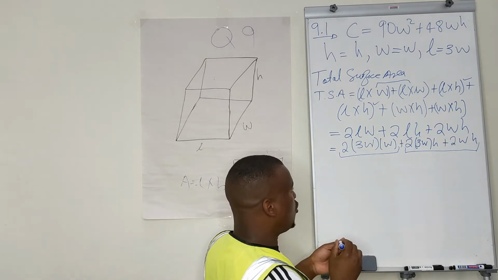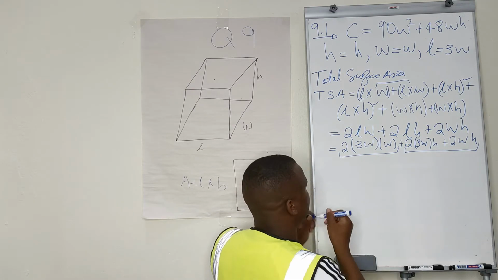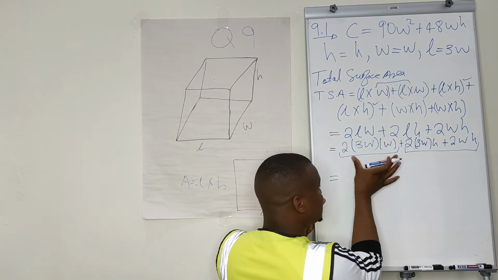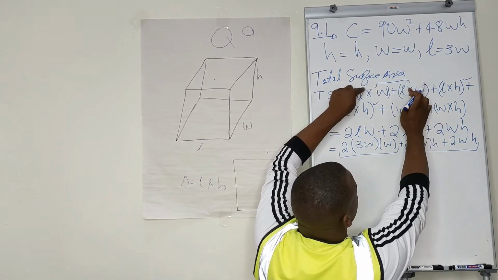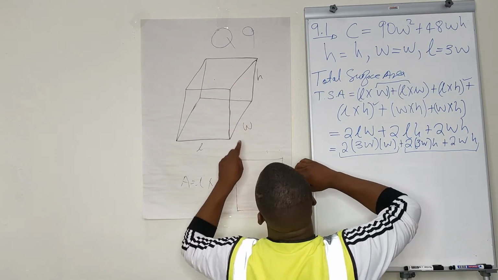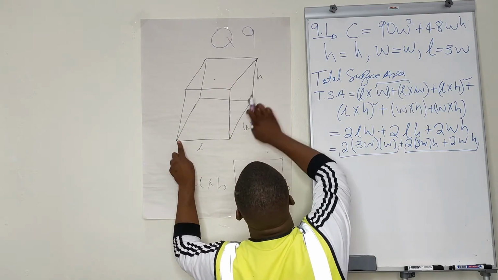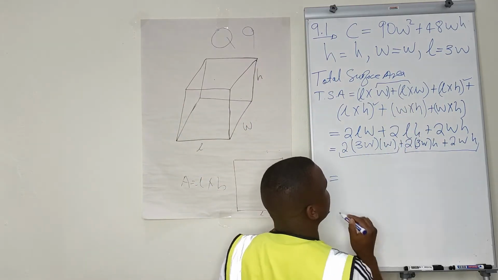So let's simplify first. This is the base and top, because these two represent the top and bottom, because it was length times width, which is your base, which is the same as the top. That's why we have them there.